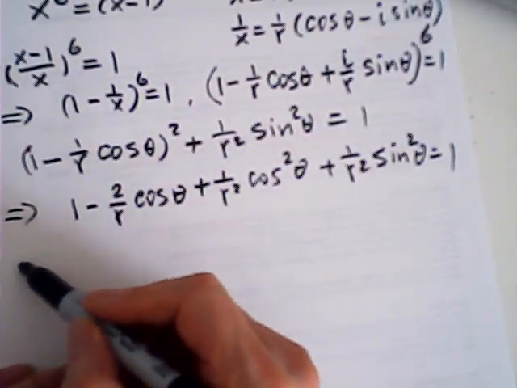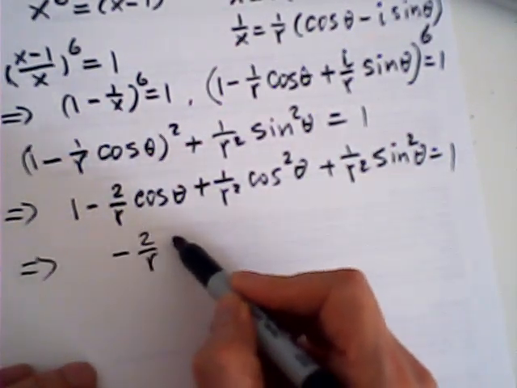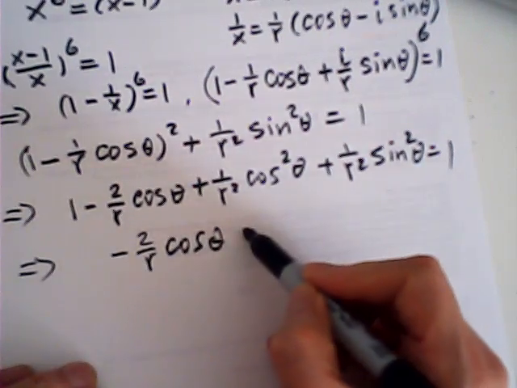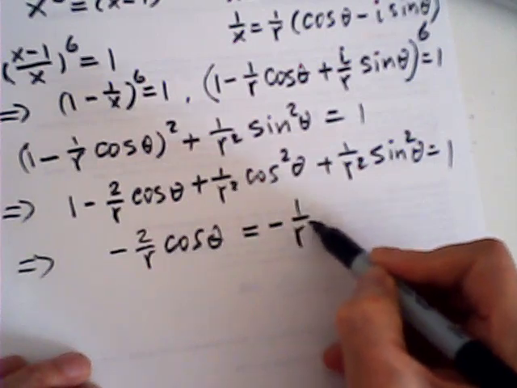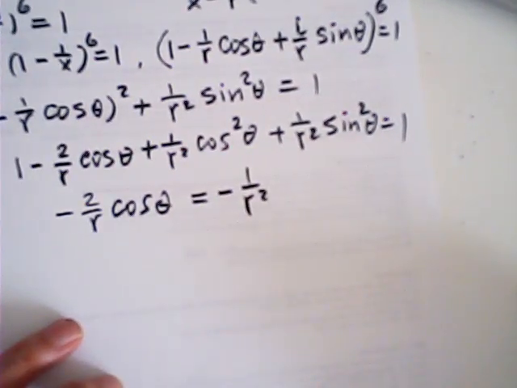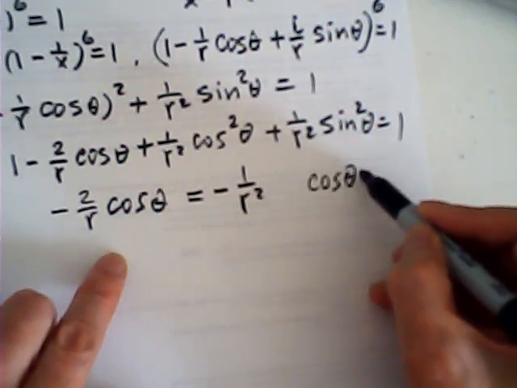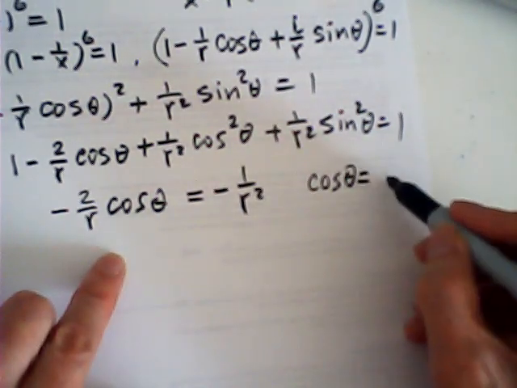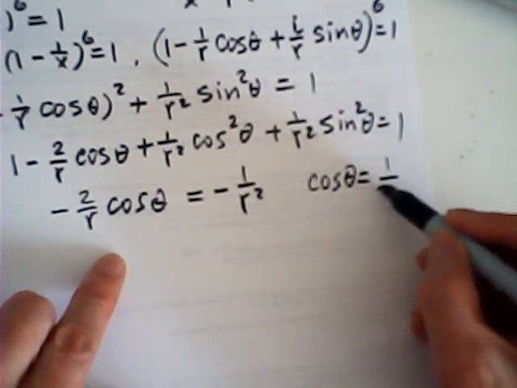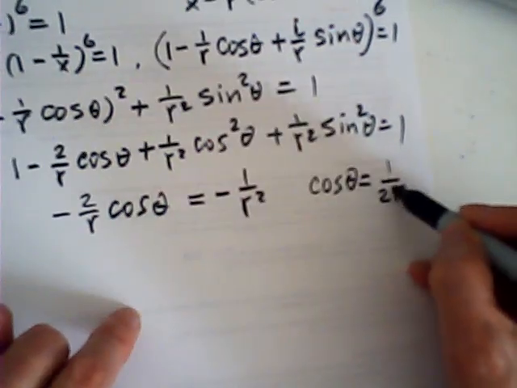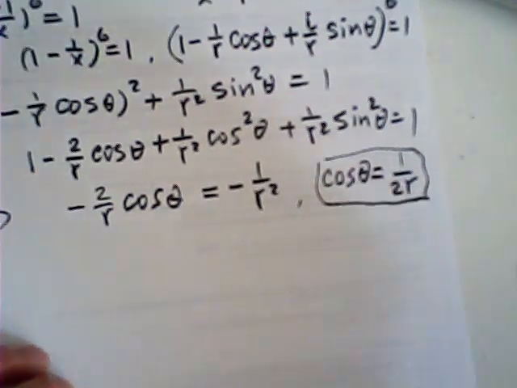Now the 1s cancel out, and minus 2 over r cosine theta is equal to minus 1 over r squared. So cosine theta is equal to 1 over 2r, right? Yeah. So we have this.